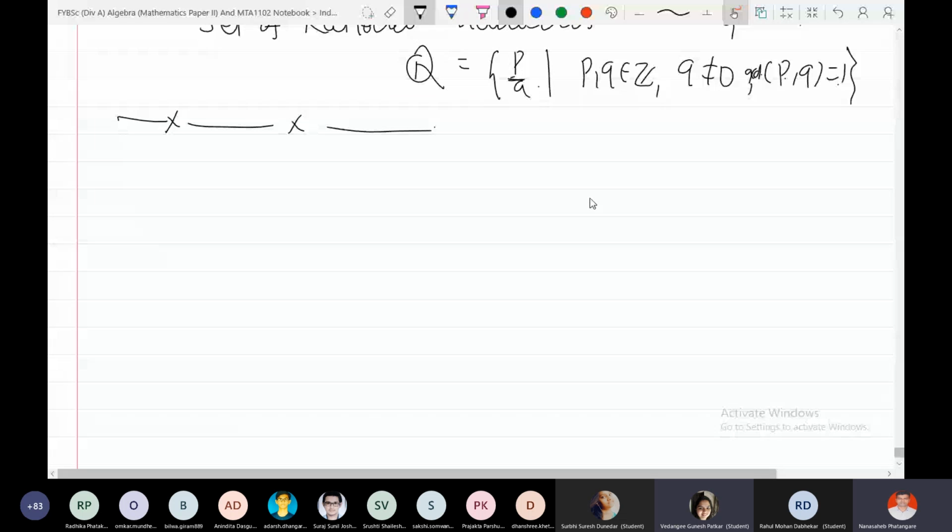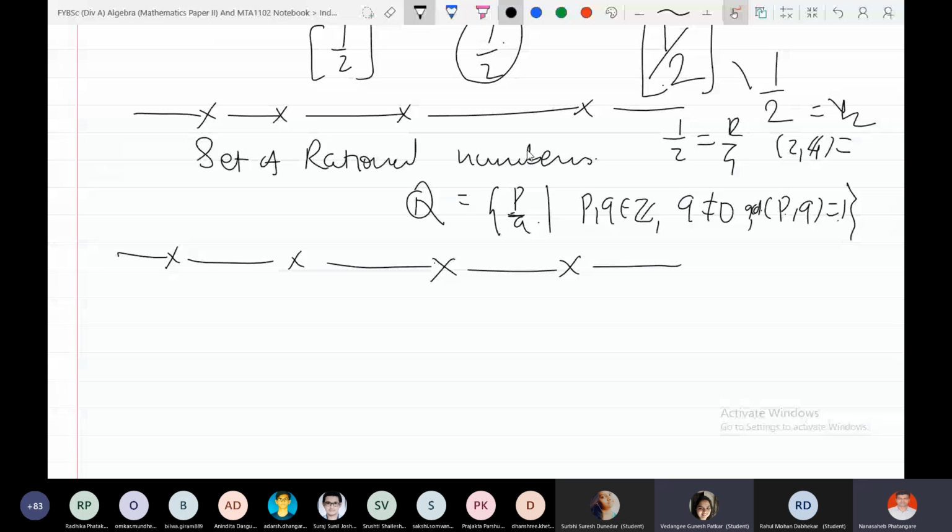Now, our next job is to prove these things in general. If two members are related, then they are in the same class. If members are not in the same class, then their classes are completely different, disjoint, distinct. So such general ideas we want to understand.